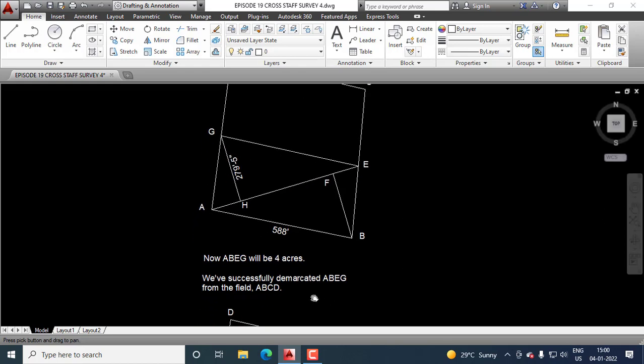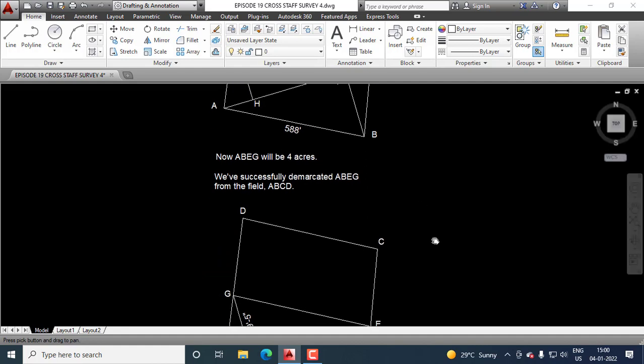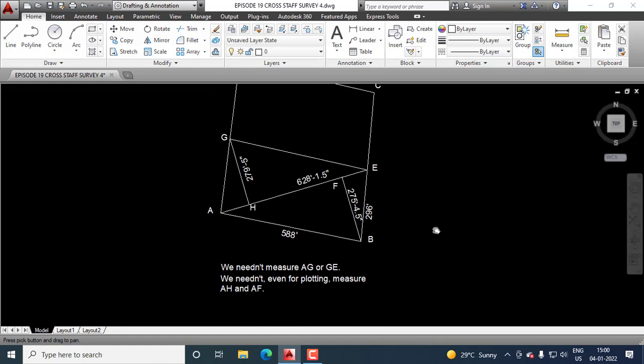We have successfully demarcated ABEG from the field ABCD. We need to measure AG. We need to measure even GE. For plotting, we needn't measure AH or AF.